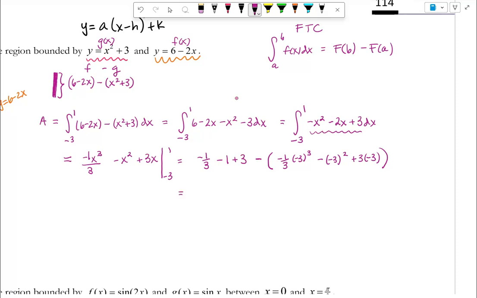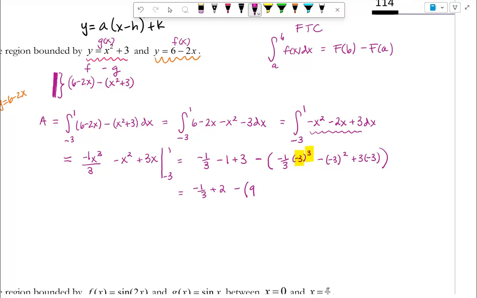Okay, so that is -1/3 minus 1 plus 3. I'm just going to call that a plus 2 for right now. Minus, over here, -3 cubed: 3 times 3 is 9, times another 3 is 27, but since I'm multiplying three negative 3's, that's going to become a -27. -1/3 times -27 is positive 9.